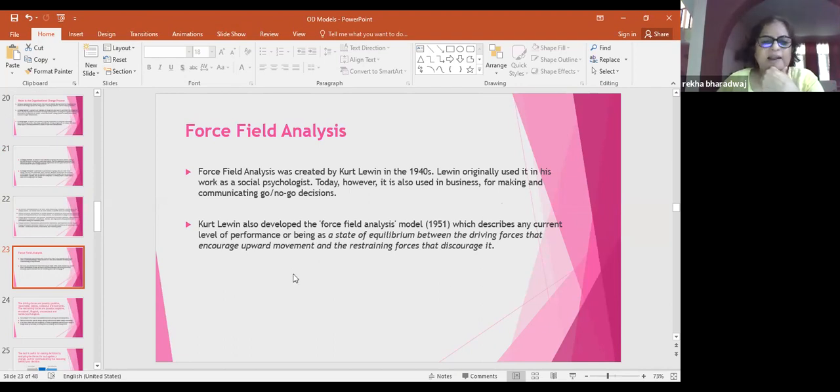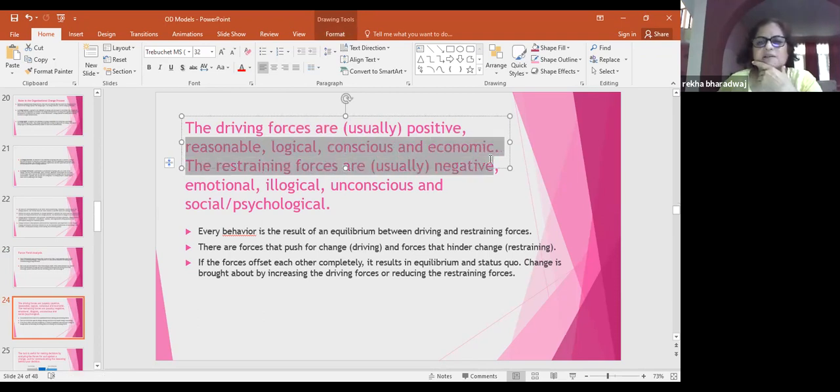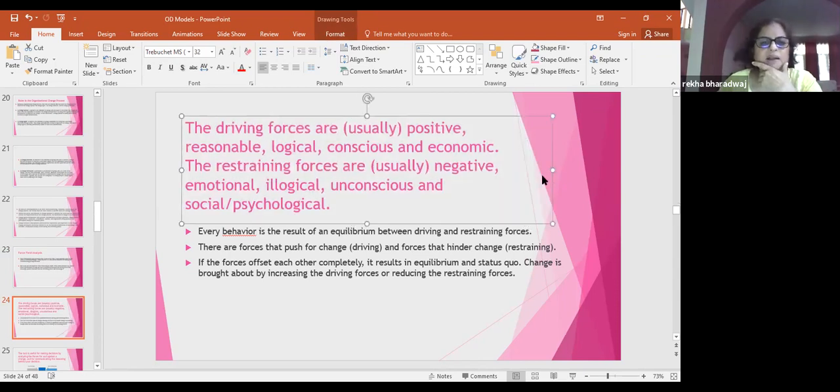So this force field analysis can be used for individual change or for organizations. And the driving forces are usually positive, reasonable, logical, conscious, and economic. And the restraining forces are usually negative, emotional, illogical, unconscious, and social, psychological.